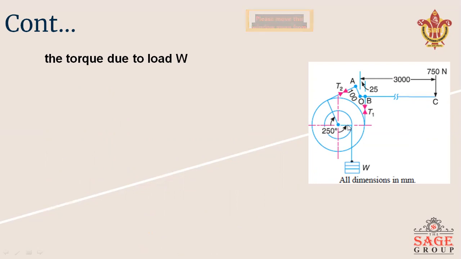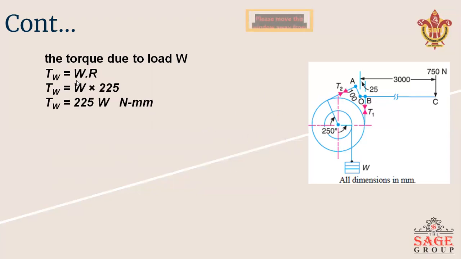We have the diameter of the barrel divided by 2, so the torque due to the load W equals W into R. This is the radius of the barrel, 225, so it is 225 W Newton mm.